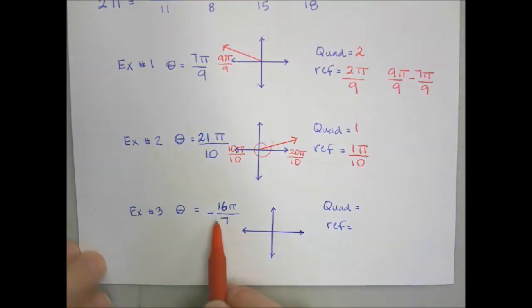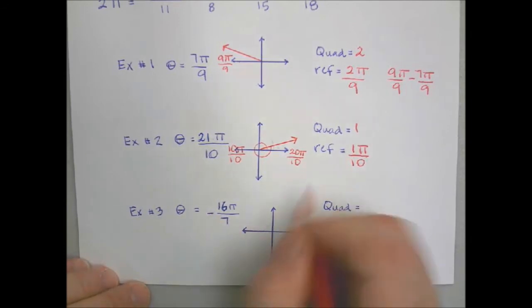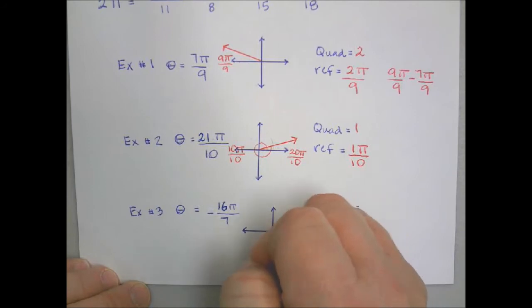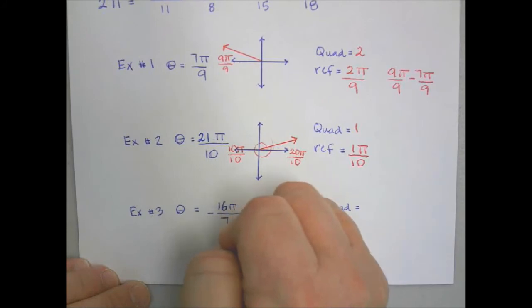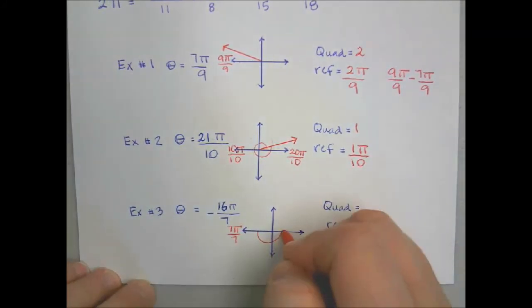Example number 3. What if theta equaled negative 16 pi over 7? Okay. The key is we're in sevenths, and it's negative, so we're going the other way. So negative 7 pi over 7 would be right there if we went this way.